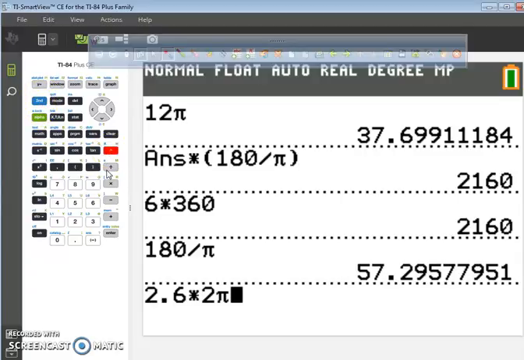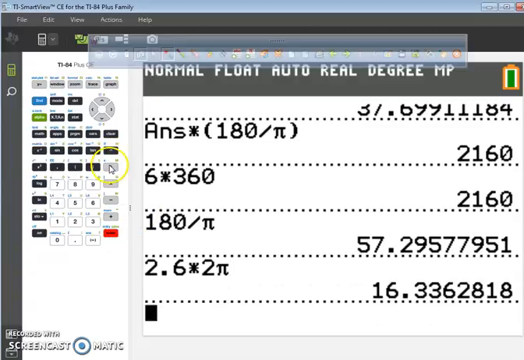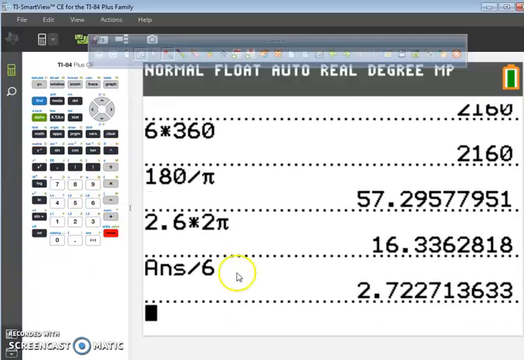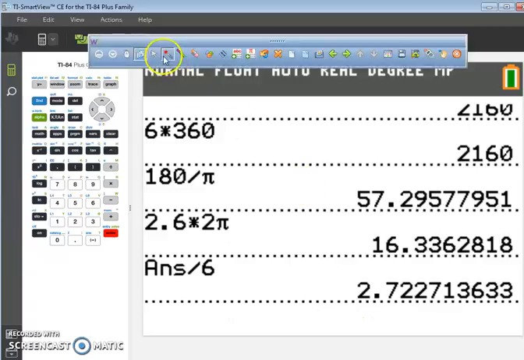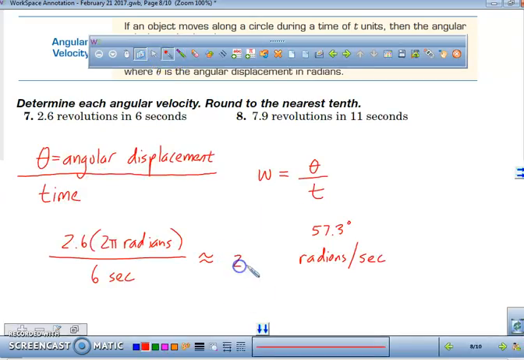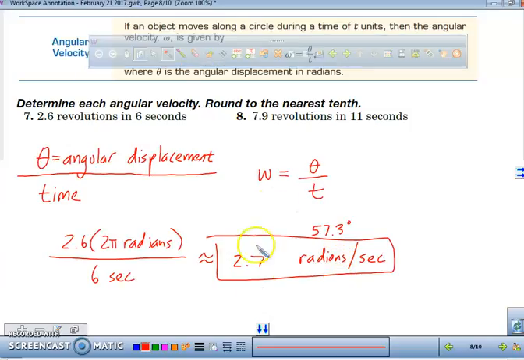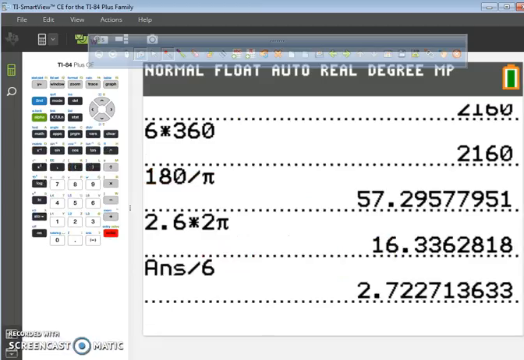I'm sorry, you're sitting in a no yawning zone. All right. And divide it by 6. You get what? 2.7 radians per second. So if I wanted to know how many degrees that was per second, what can I do? I could take this answer and multiply it by 180 over pi.